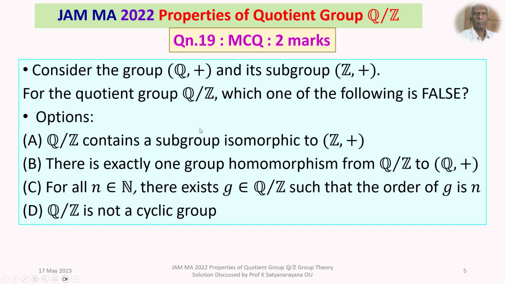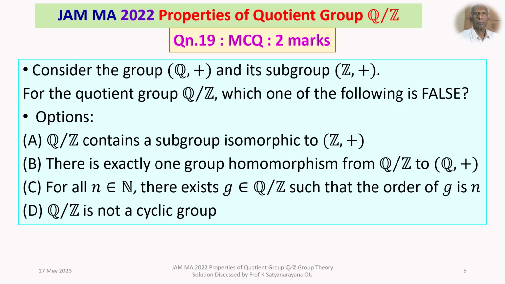So we have Q plus, the additive group of rational numbers, and Z plus, its subgroup, that is the additive group of integers under addition. And we form the quotient group Q by Z, which is the set of all additive left cosets. Here we have considered left cosets, or you can consider right cosets throughout.